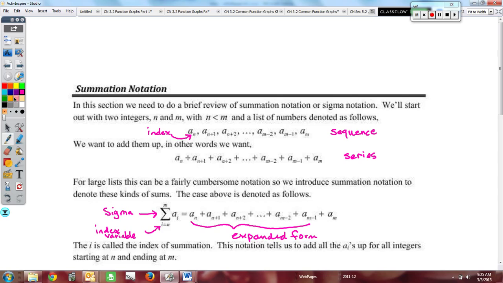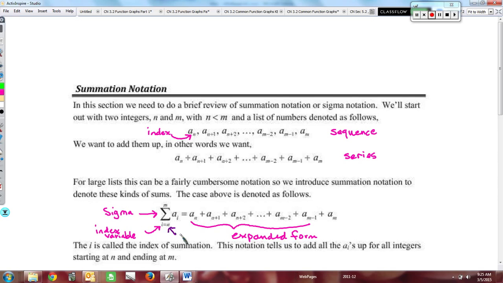You're going to have a starting value, which is going to be here. Which term do you want to start with? So your starting index or your starting value. And then up at the top is going to be where you want to end, or your ending value.